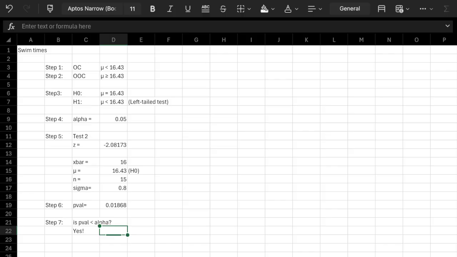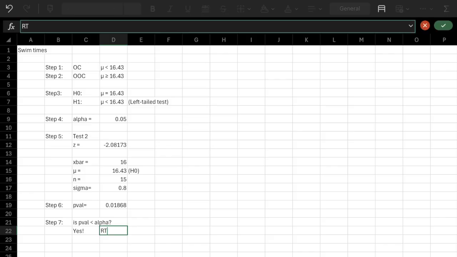If the true mean was 16.43, then the likelihood of me sampling out of 15 runs an average of 16, something as low as 16, is just too unlikely to believe. So I'm going to reject the null.